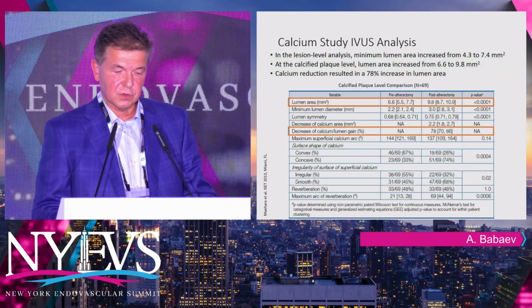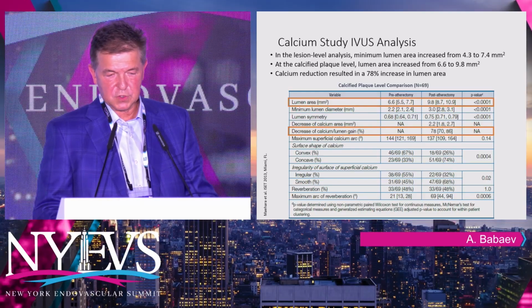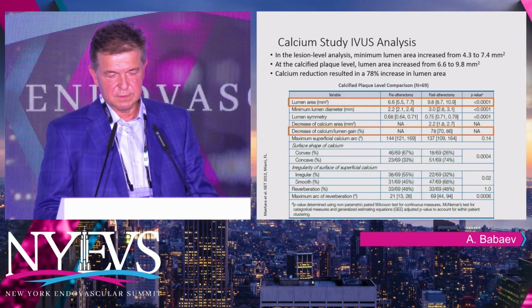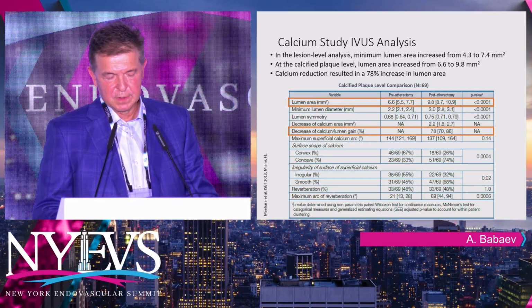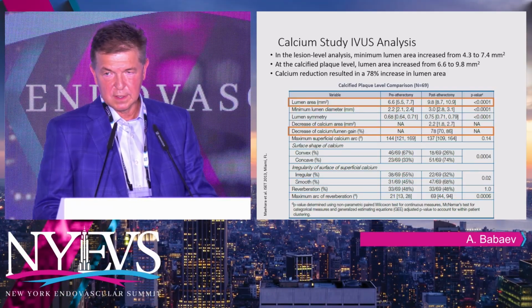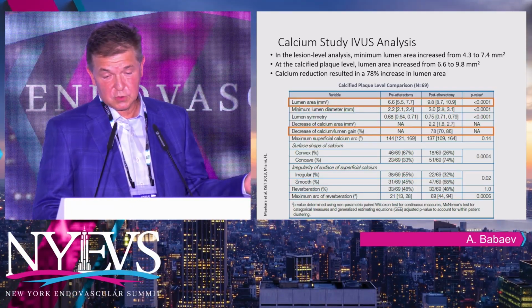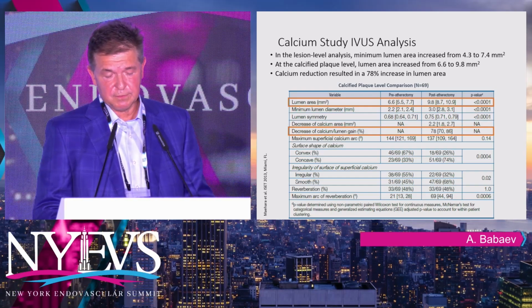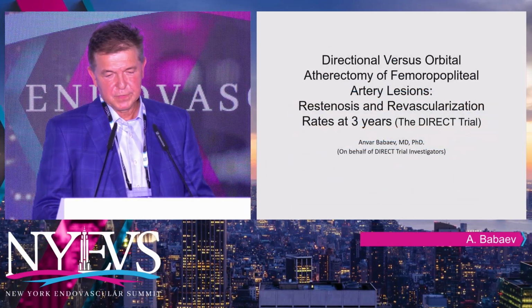What they showed is that luminal area grows with the use of the device, and there was a calcium reduction that resulted in a 78% increase in lumen area. So this device also provides good debulking and also affects calcium quite a bit.